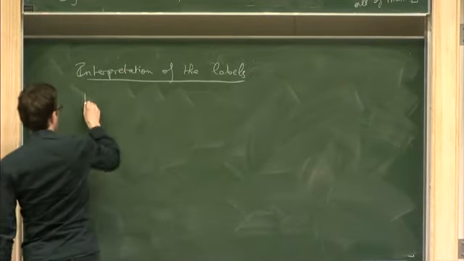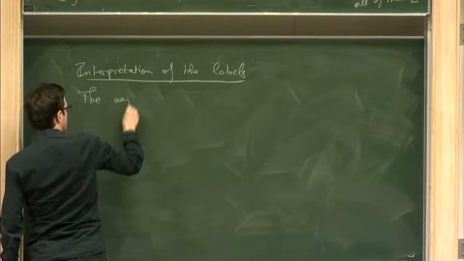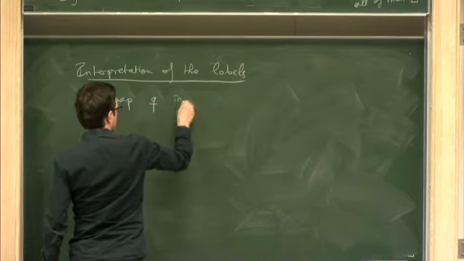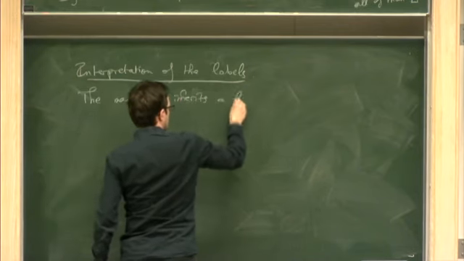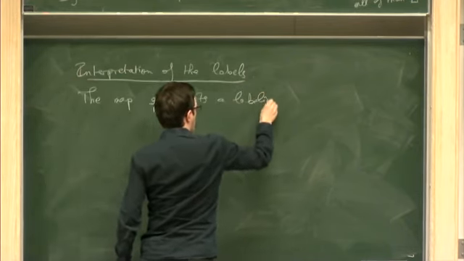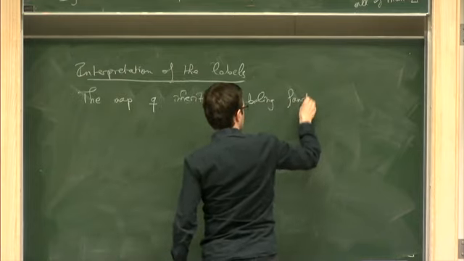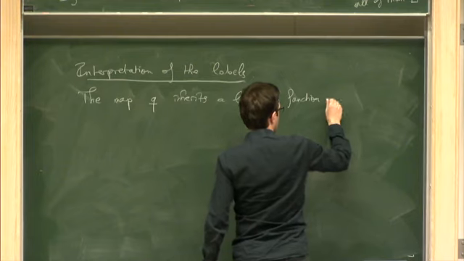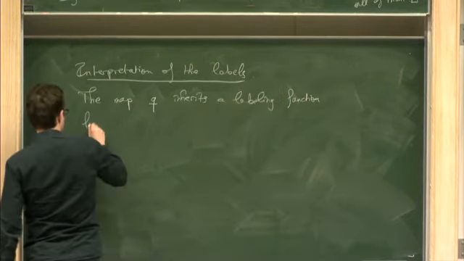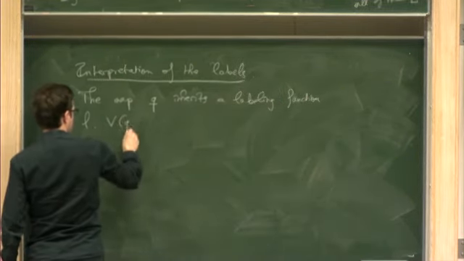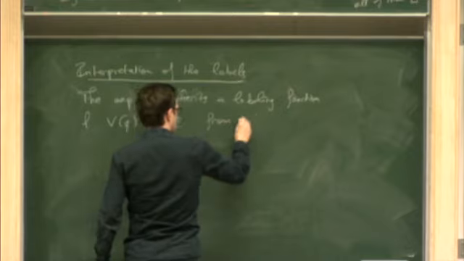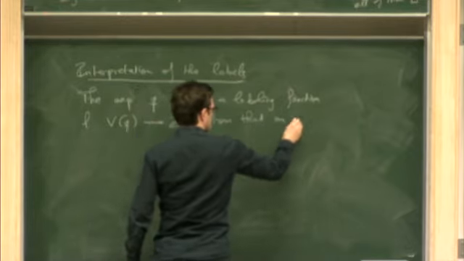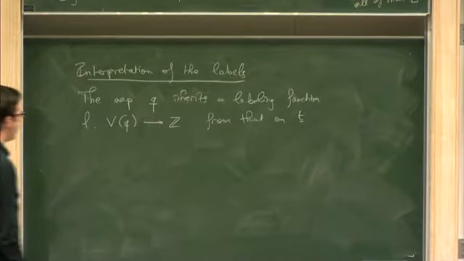The map Q inherits a labeling function, let's say L, from the set of vertices of Q to Z, from that defined on T.